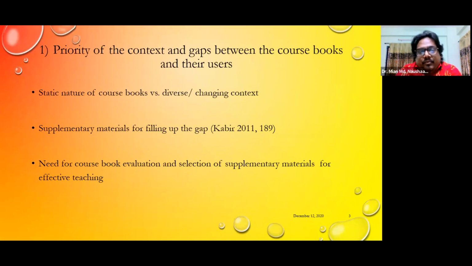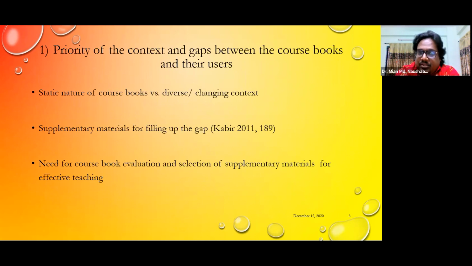Now, when a course book is produced or written, it is printed. The book becomes fixed and static. Even though a lot of research has gone into it, immediately after it gets printed, it becomes static.